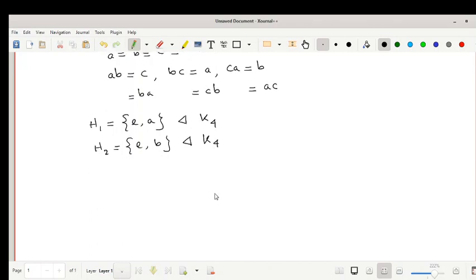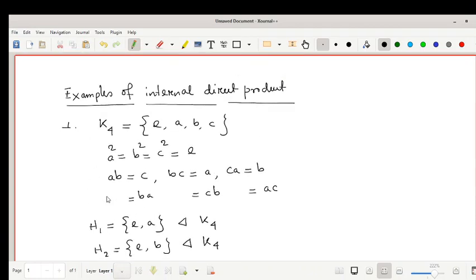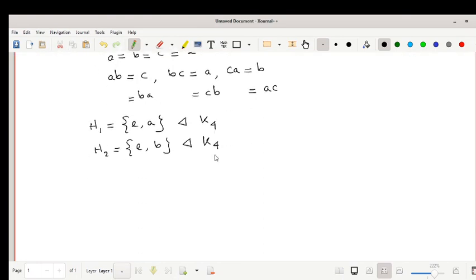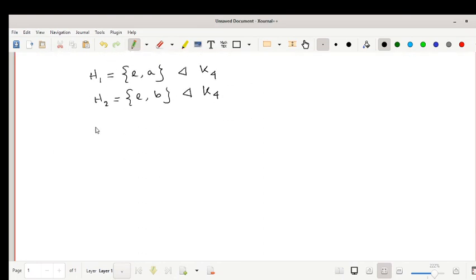Let us choose any element from K4. So you have 4 choices E, A, B, C. Take any one. If you take A belongs to K4, then I can always write A is equal to AE, where A belongs to H1 and E belongs to H2.